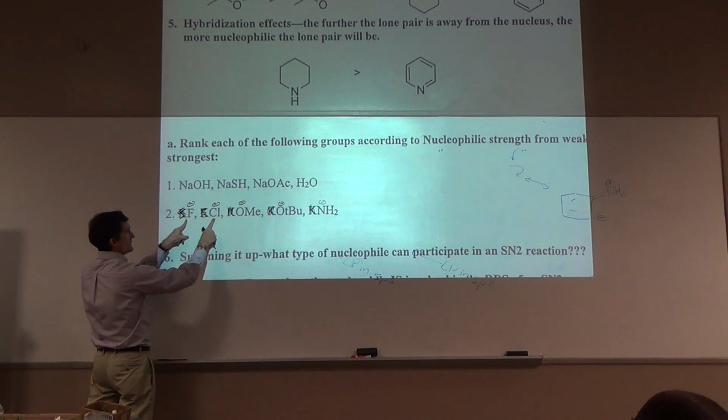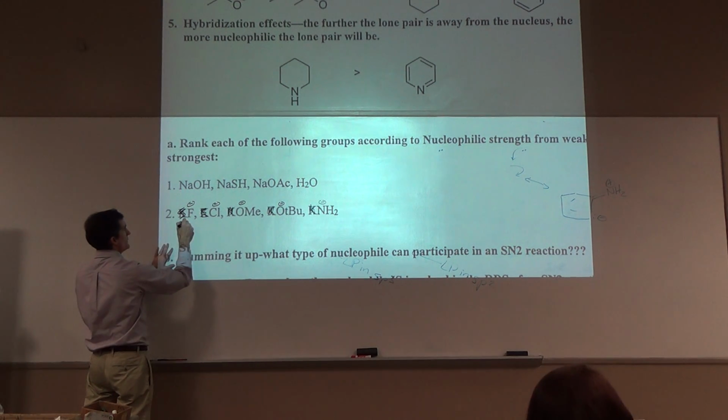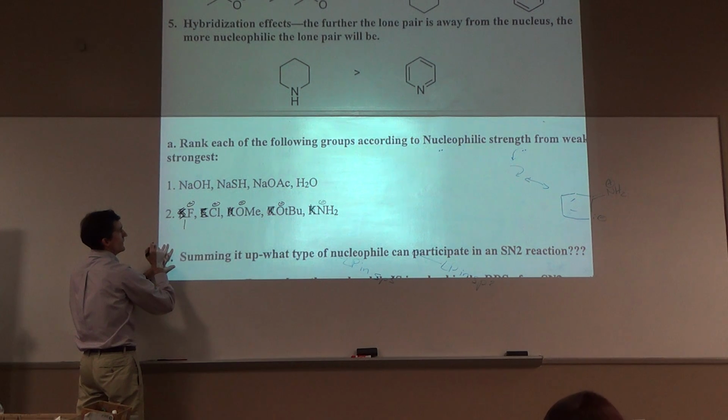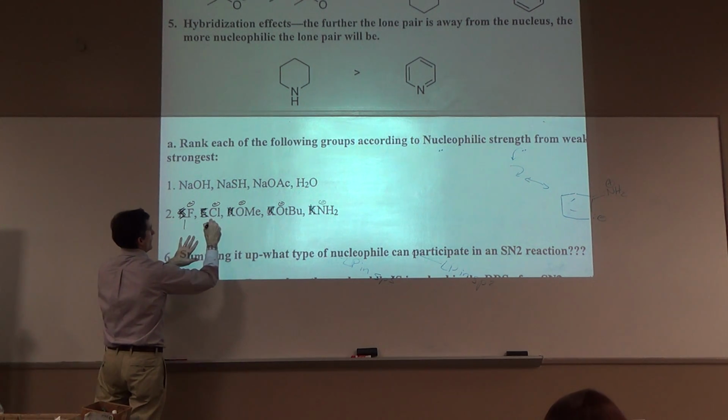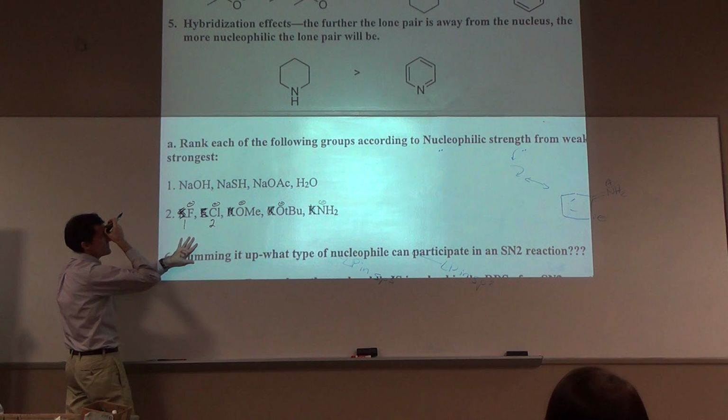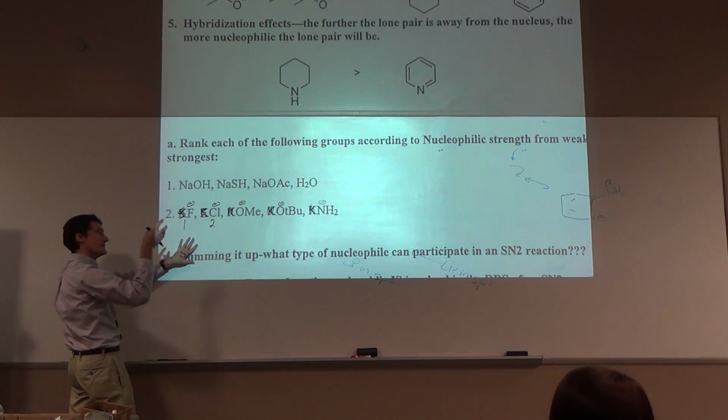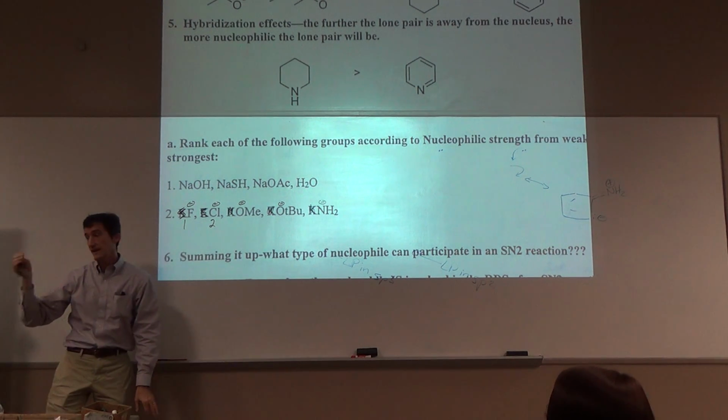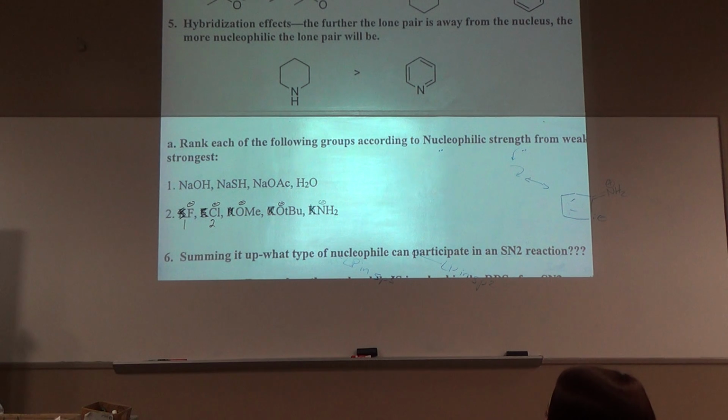So which one's going to be a better nucleophile? Cl. F is a worse nucleophile, so that's going to be 1. It's kind of a bit of a, it's hard, we're actually going diagonal. So you're like, okay, is it better to be a worse parent or a bigger atom?